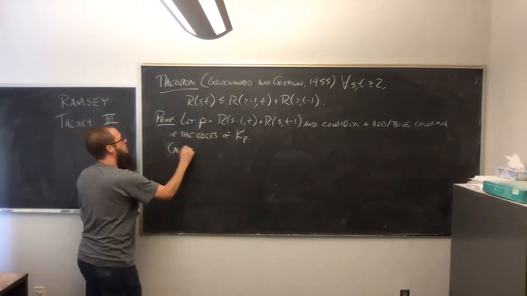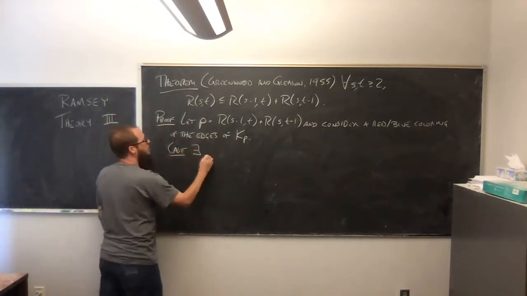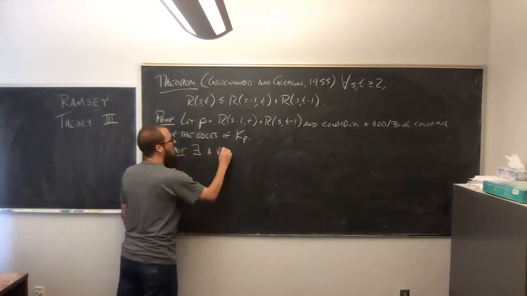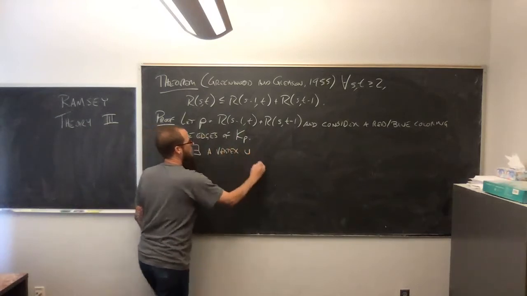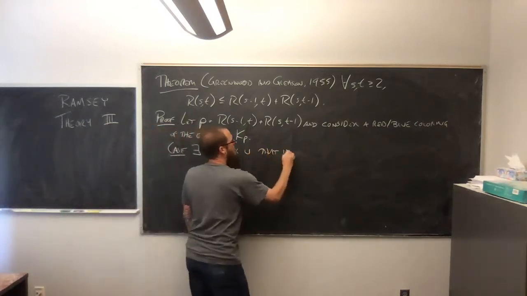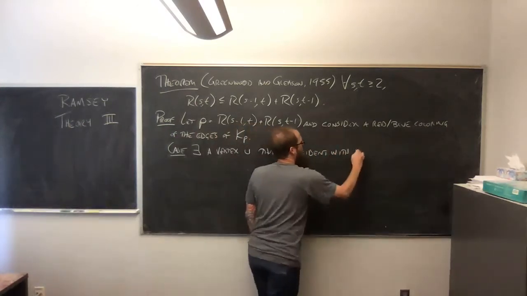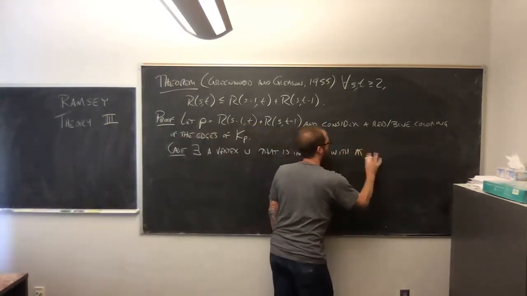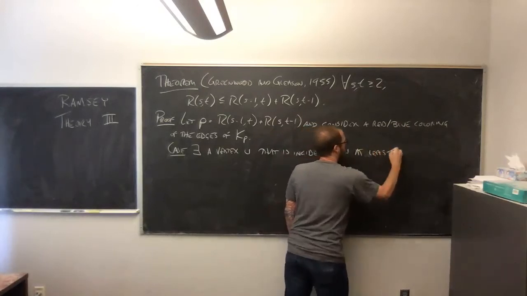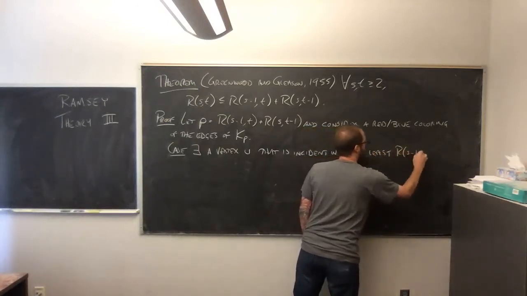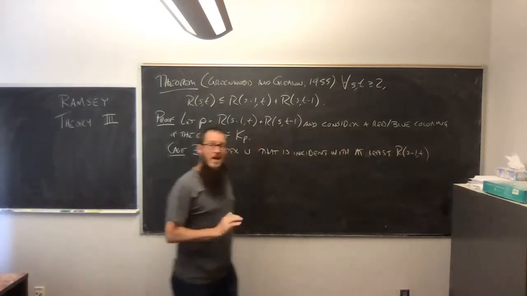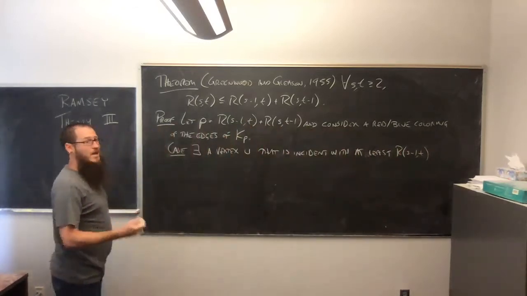So case one is the case where there exists a vertex U that is incident with at least R(S minus 1, T) red edges.